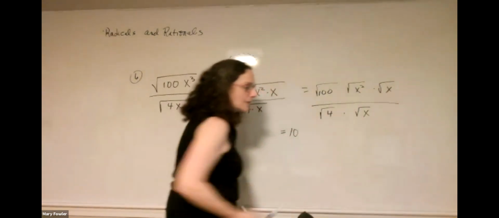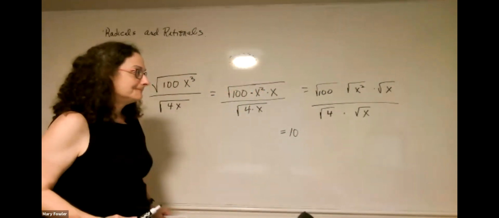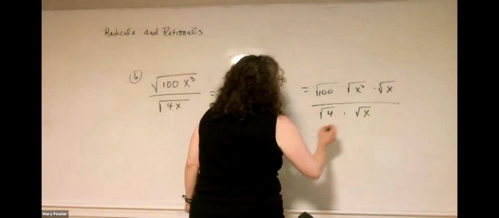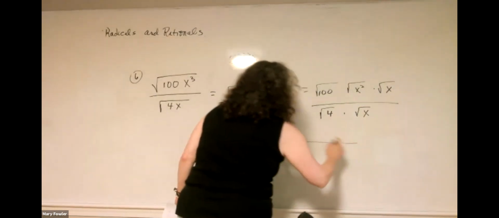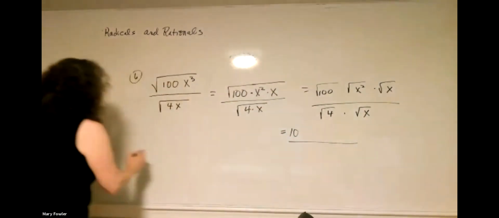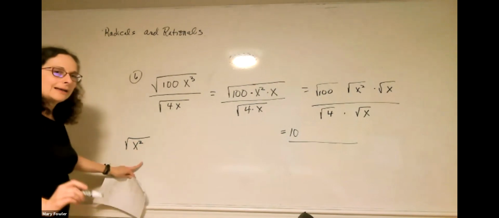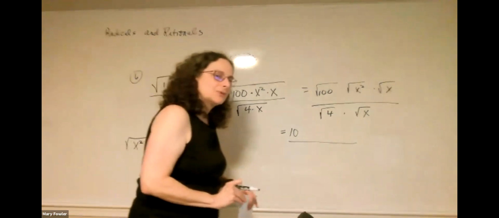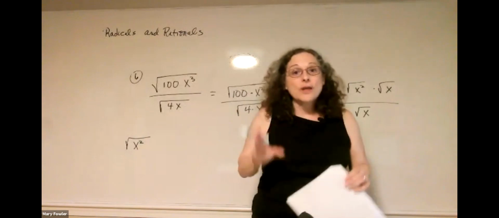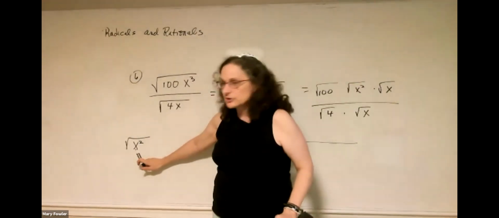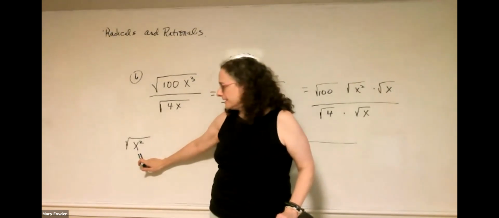The square root of x squared. That's something we should talk about for a minute. Let's go ahead and look at what the square root of x squared is. I'd like to say it's x, but the truth is it could also be negative x. Suppose this were a 25 underneath.